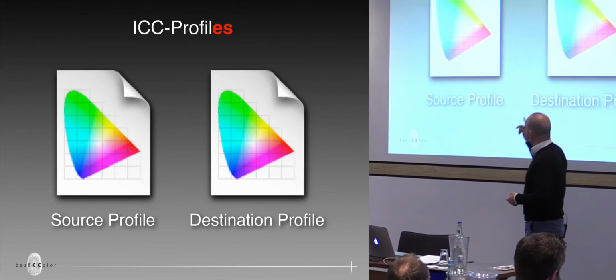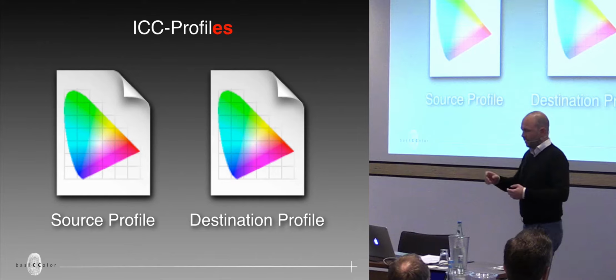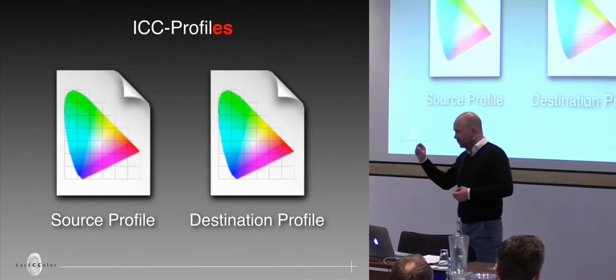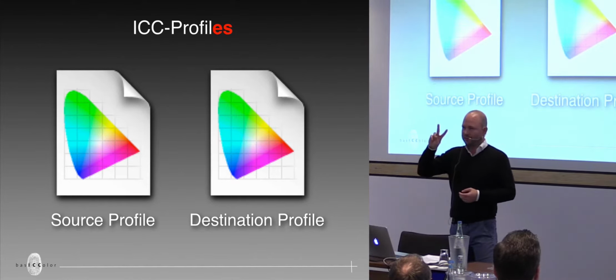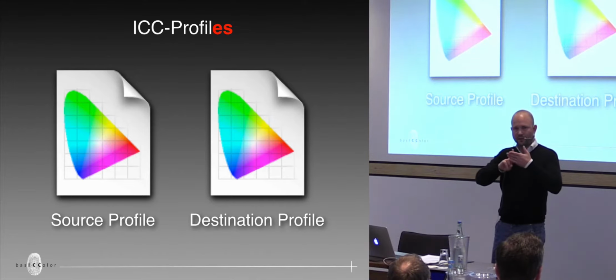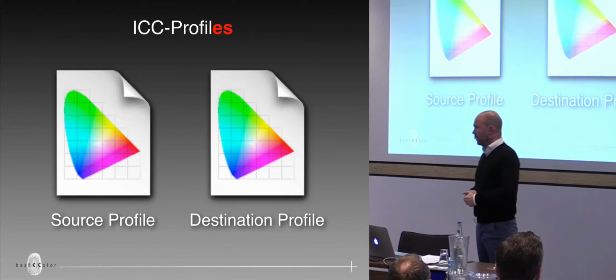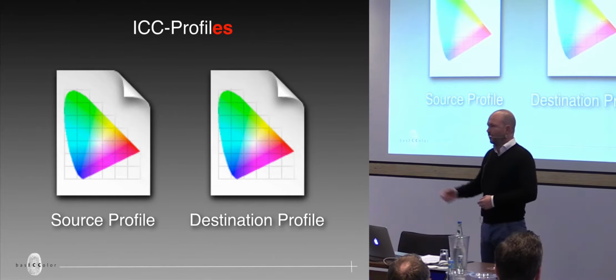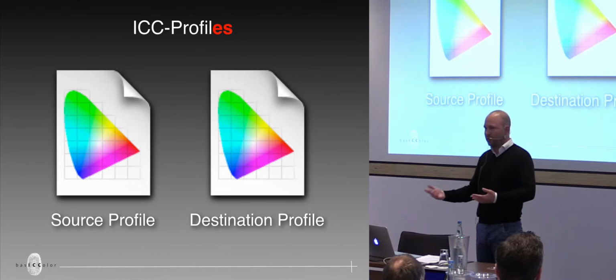And as you can see here, I have profiles. So it's very important to understand, 2 ICC profiles are needed to make a color conversion. Because often customers say, okay, I've created a perfect profile, but it doesn't work. The result is not good.